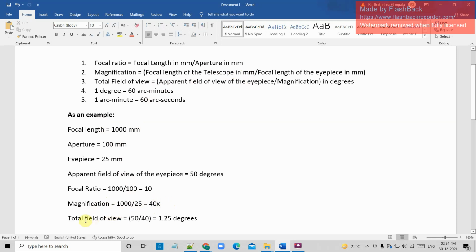Next, the total field of view of the telescope is calculated as apparent field of view of the eyepiece in degrees divided by the magnification, which here is 50 degrees divided by 40, which equals 1.25 degrees. So these are the formulas which I have considered important and which will be useful for everyone while selecting a telescope.